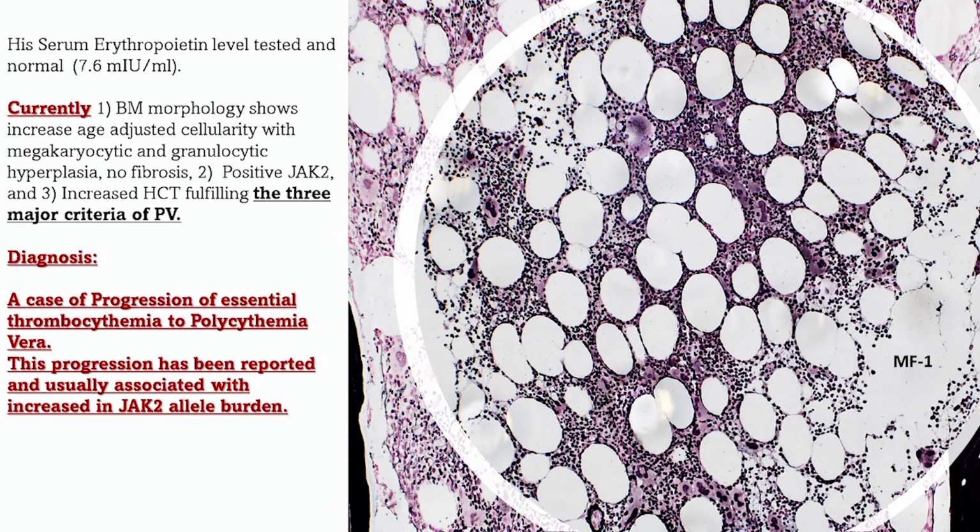So this patient will be labeled as a case of progression of essential thrombocythemia to polycythemia vera. This progression has been reported, and polycythemia vera is a more serious disease than essential thrombocythemia. And here, the most important is the JAK2 allele burden. Most of our hospitals have only the positive or negative result, but JAK2 allele burden is very important to differentiate between different cases of MPN.